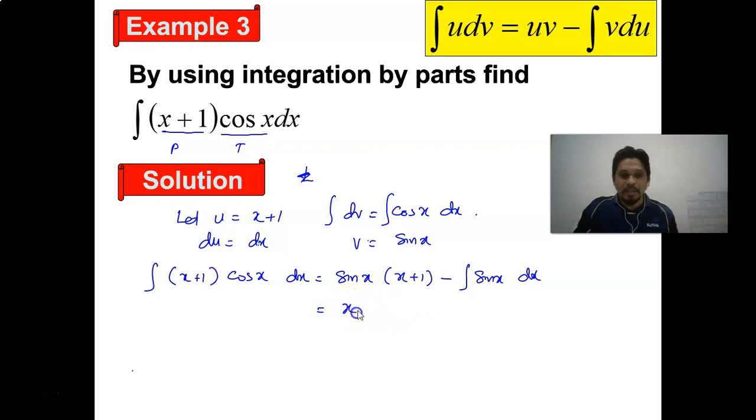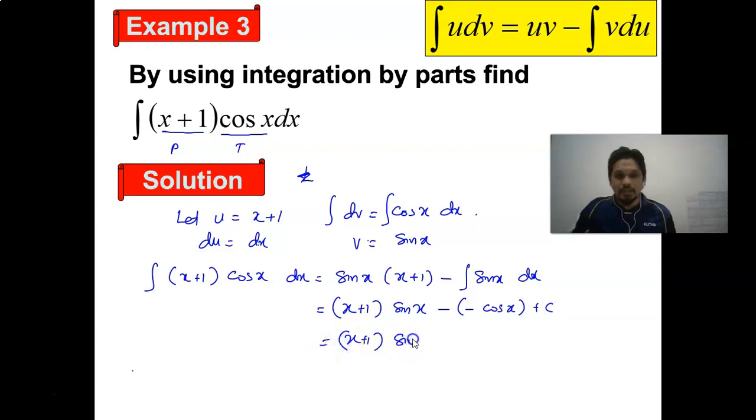So then x plus 1 multiplied with sine x minus the integral of sine x. Integral of sine, differentiate sine, it gives you cos. Integral of sine is negative cos plus c. So then x plus 1 sine x, negative times negative, positive, cos x plus c.